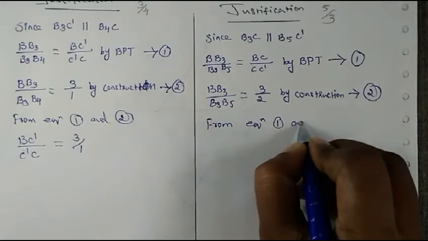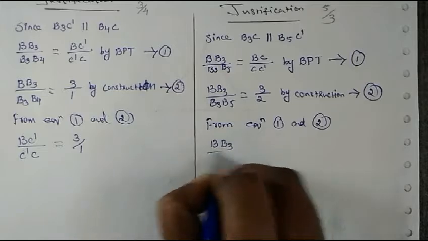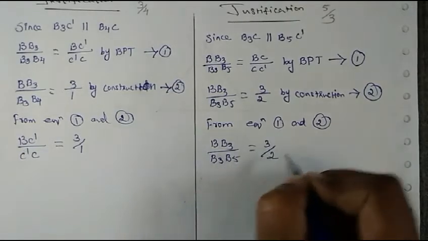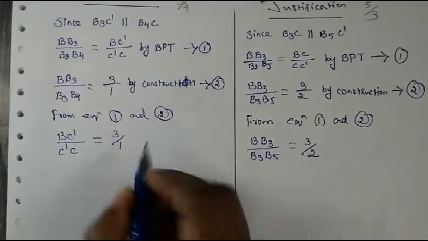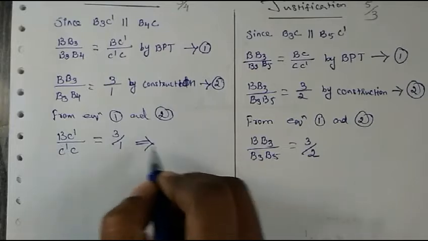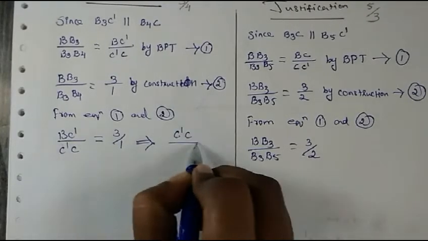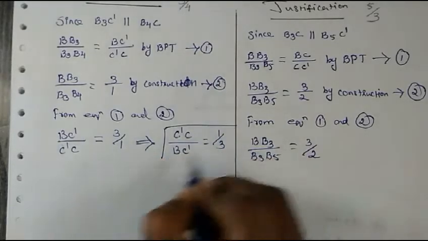Equation 1 and 2: B3 upon B3 B5 is 3 upon 2. Okay. Now let's write down the reciprocal of this. Why? That you will come to know. Reciprocal means just the opposite. So C dash C upon BC dash will be 1 upon 3.